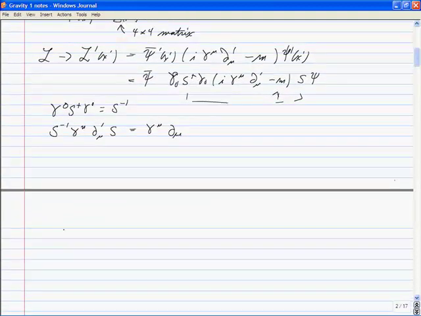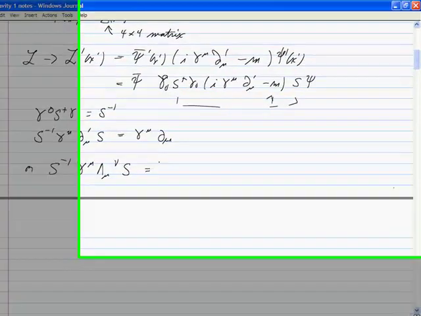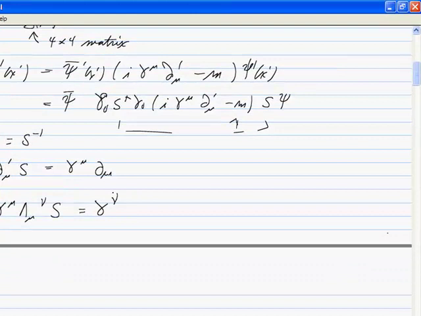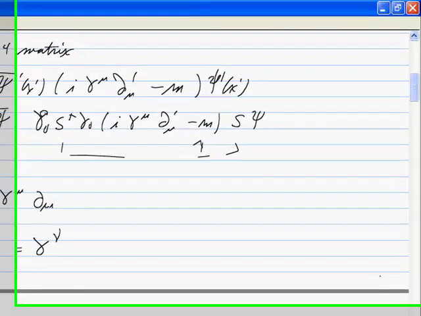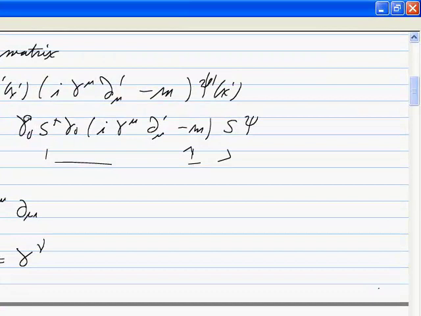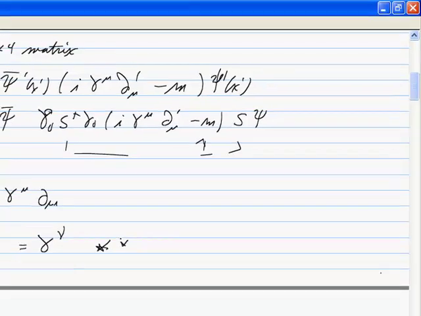Or if you go back to the Lorentz transformations, it's S^-1 γ^μ Λ^μ_ν S = γ^ν. If I put in x and x' in terms of Λ, that's what I need.